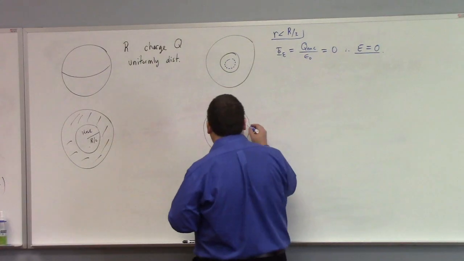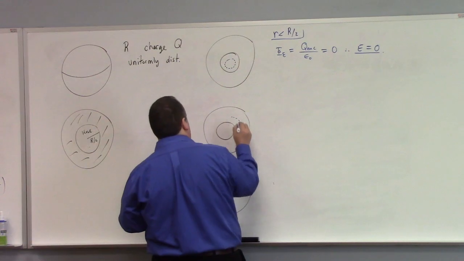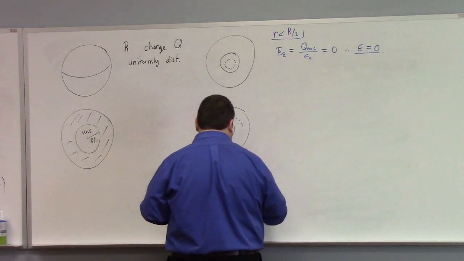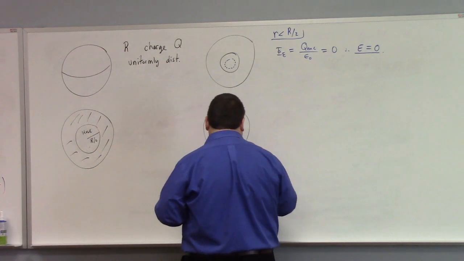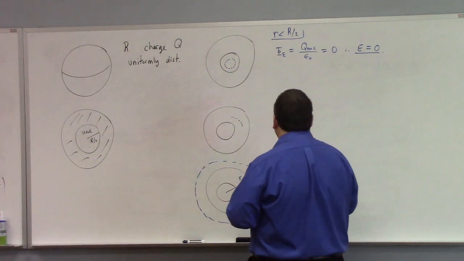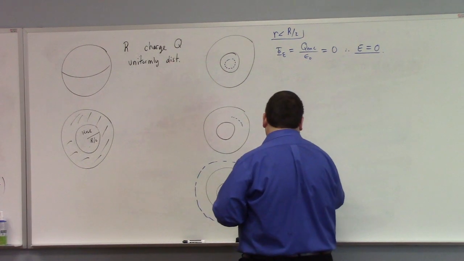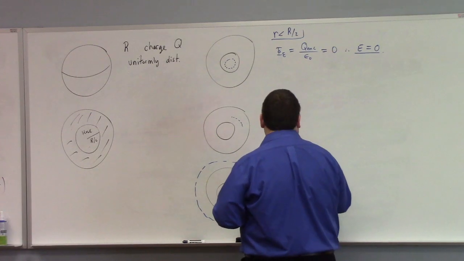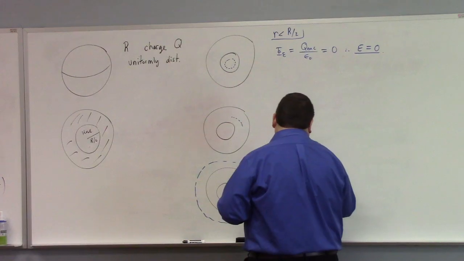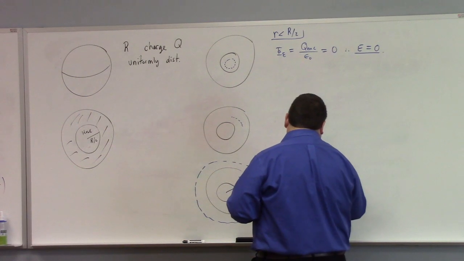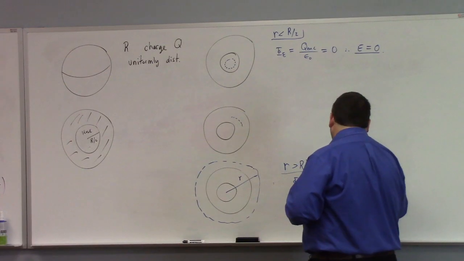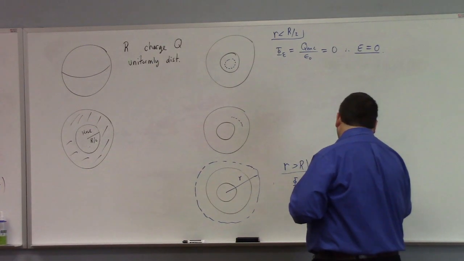Now, on the other hand, let me do the uninteresting case here, like this. If we're out here at radius r for the Gaussian sphere, so r greater than R, then the electric flux is 4 pi r squared times the electric field, and that's equal to Q enclosed over epsilon naught.